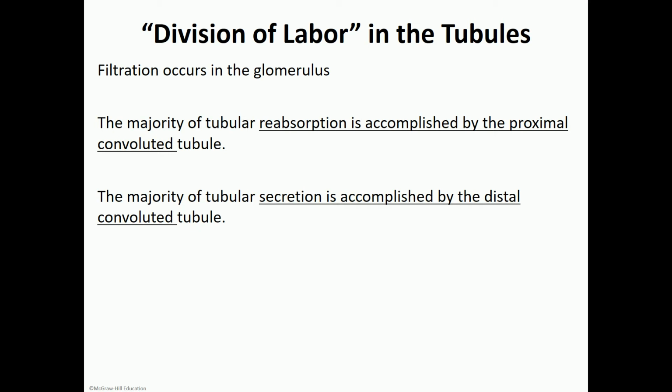That division of labor is not perfect. They do overlap a little bit, but the vast majority of tubular reabsorption happens in the proximal tubules, while most of tubular secretion happens in the distal tubules.